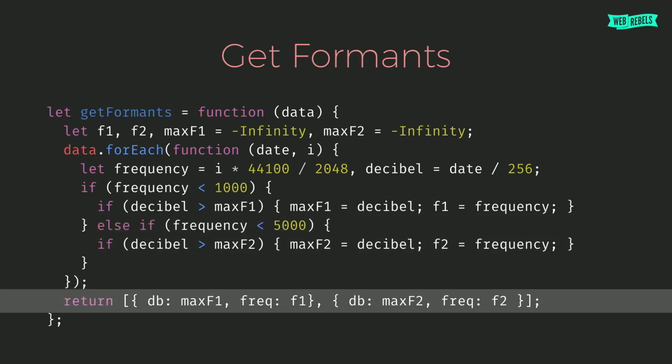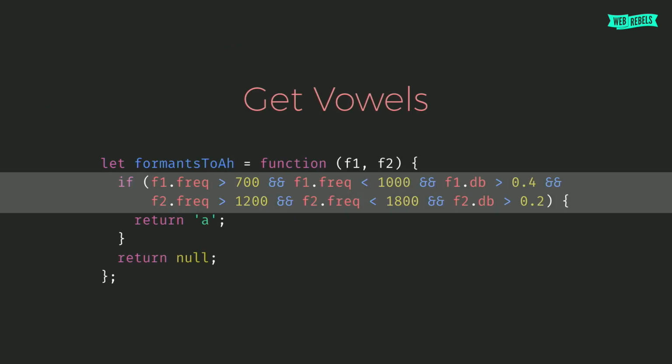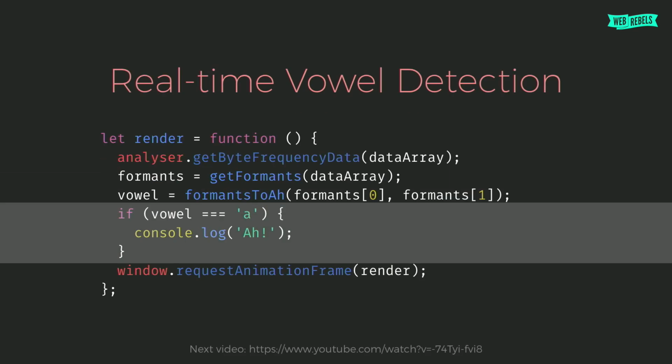Then I save the highest value and return both formants with their frequency and volume data. To get the formants that only match the vowels, we use the function formantsToVowel, and we check if the formants are within the correct frequency range and if they are loud. If so, we just return the vowel as a string.